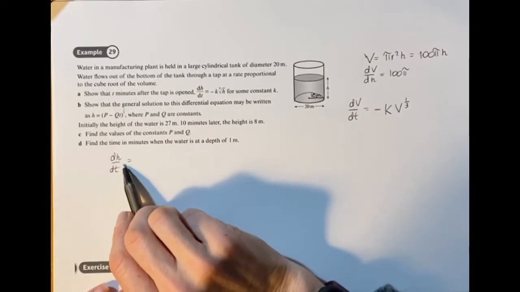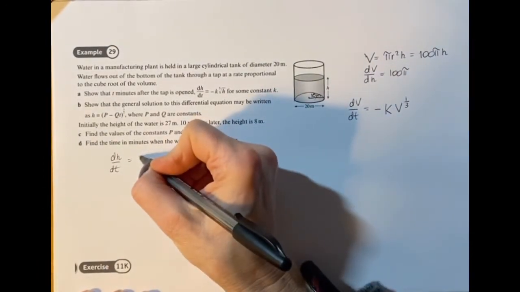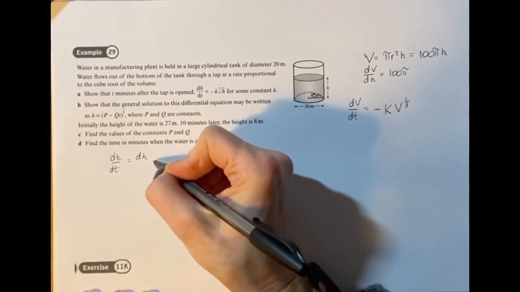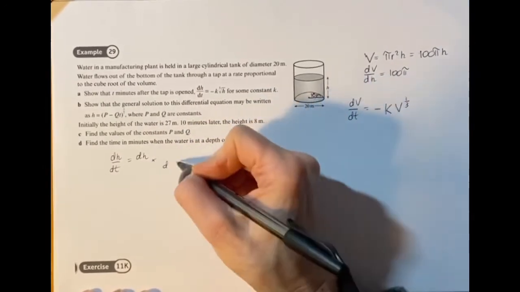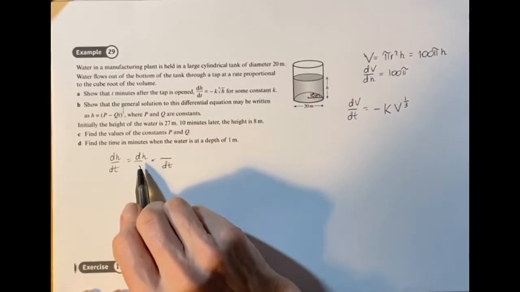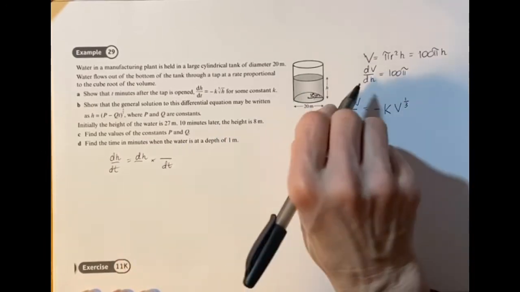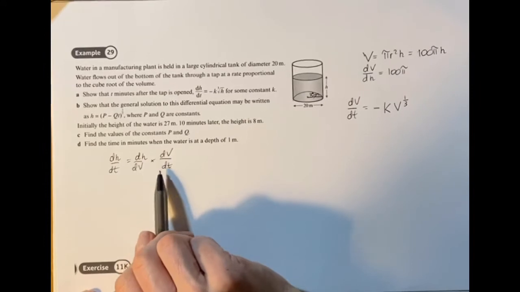Okay, so let's set up the chain rule here. How is dh connected to the volume, so dh and dt and dV, how are they connected? The other variable we mentioned here is volume, so it's dV. So it's definitely the chain rule we could use.